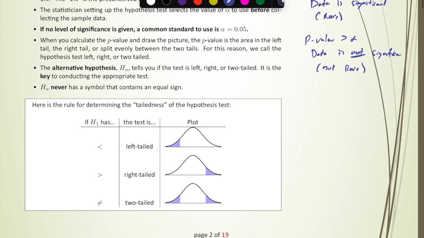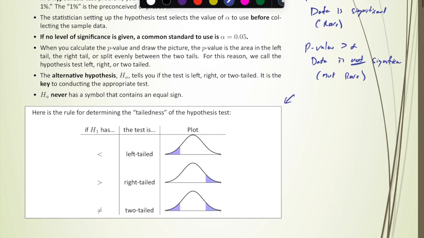Okay, now there's no table like this one here in the book, which is unfortunate because it's a very handy table. All right, so in order to determine the tailedness of your test, all you need to look at is the alternative hypothesis, okay? H1 or HA. Now, if the alternative hypothesis has a less than in it, then it's going to be a left-tailed test. Now, why is that? Well, if the alternative hypothesis has a less than in it, then the null hypothesis could be written like this.